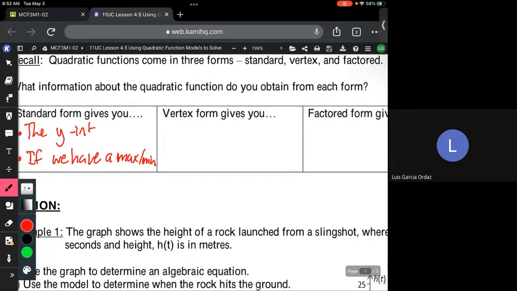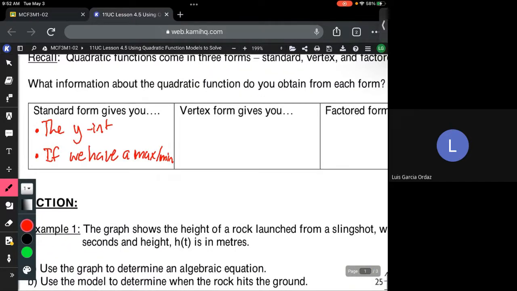So the second one's like the easiest one. So what does vertex form give us? Obviously, it's in the name. It gives us the vertex and the axis of symmetry. And then last but not least, I heard someone say it already. What does factored form give us?